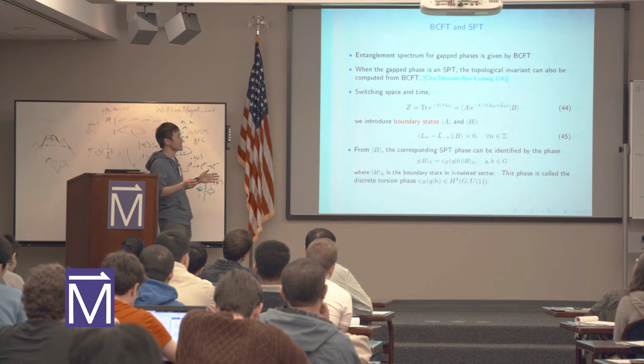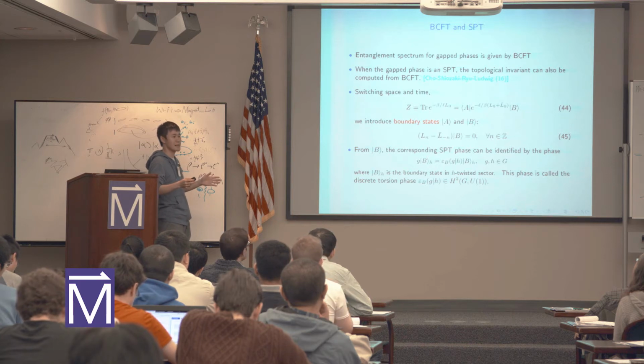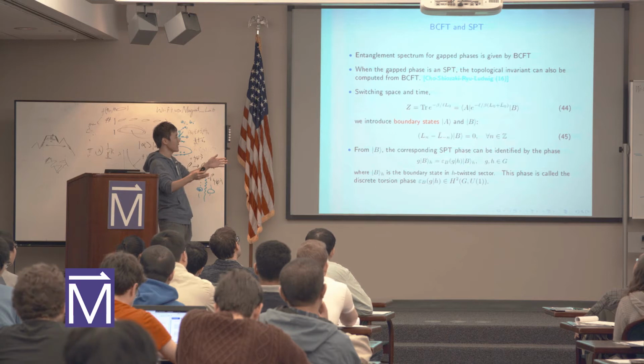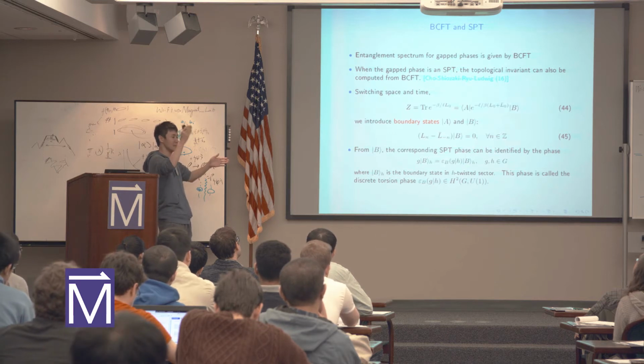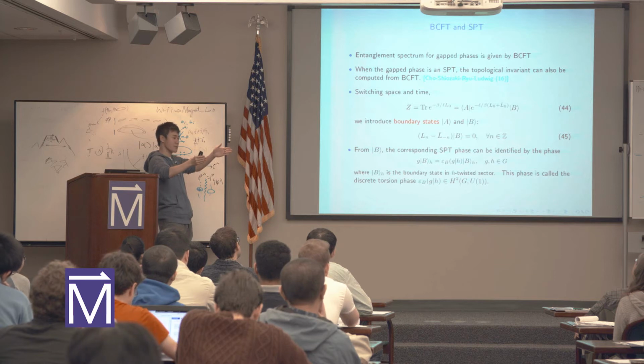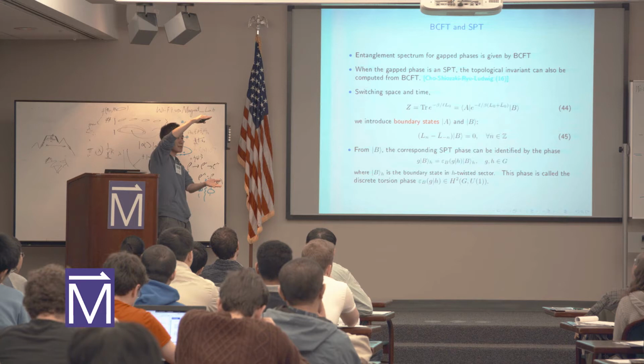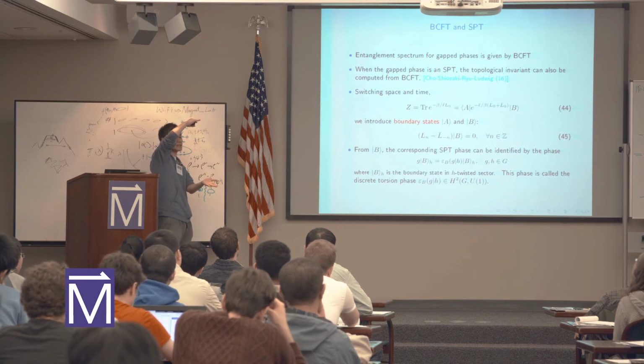But you can exchange the role of space and time, which we have been playing with. So instead of having a boundary in space, if you make a 90-degree rotation, you exchange space and time. But in that case, there is a boundary in time.